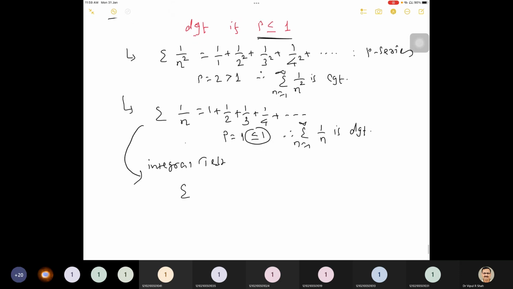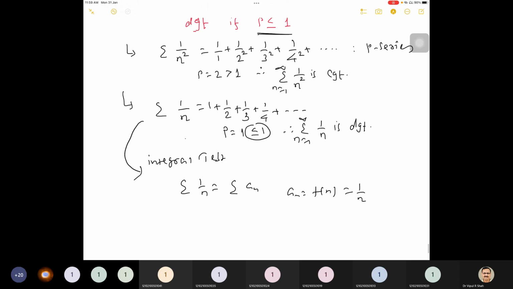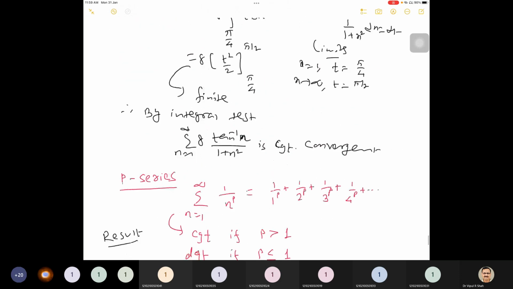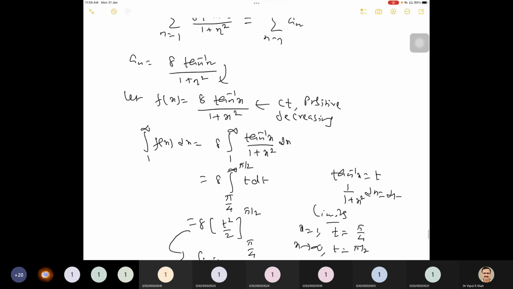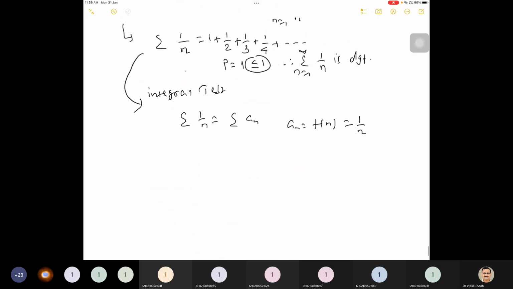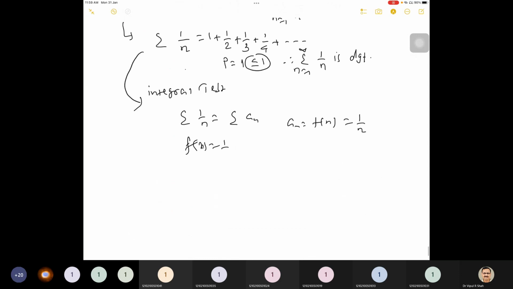Like the series 1 upon n, where f(n) equals 1 upon n, or you can say f(x) is 1 upon x, and this is continuous, positive, and decreasing. So integration 1 to infinity f(x) dx, that is integration 1 to infinity 1 upon x dx.